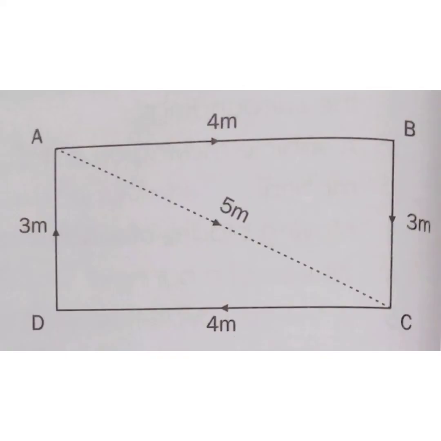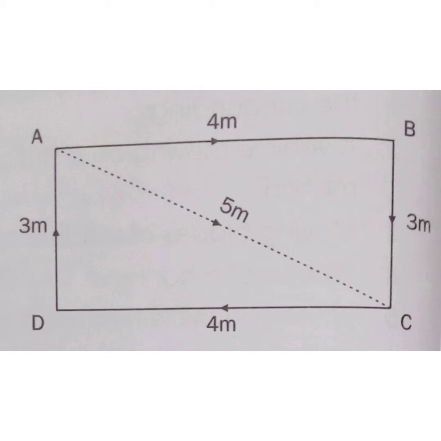From this picture, how to calculate displacement? Listen here. A boy is moving from A to C. The direction towards east is taken as positive and the direction towards west is taken as negative as it is in the opposite direction.